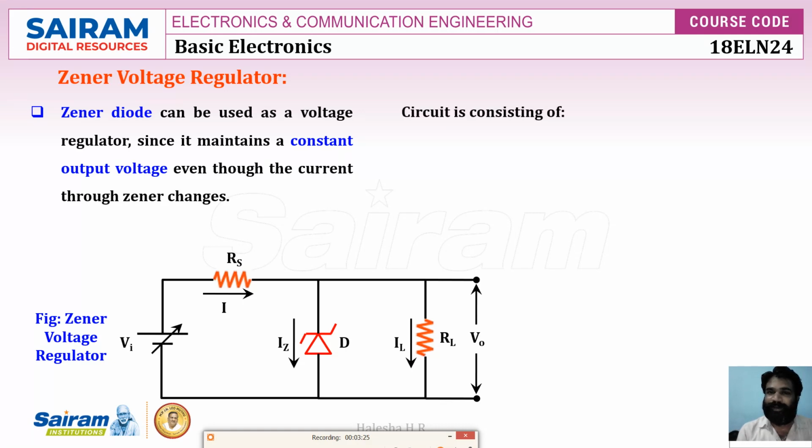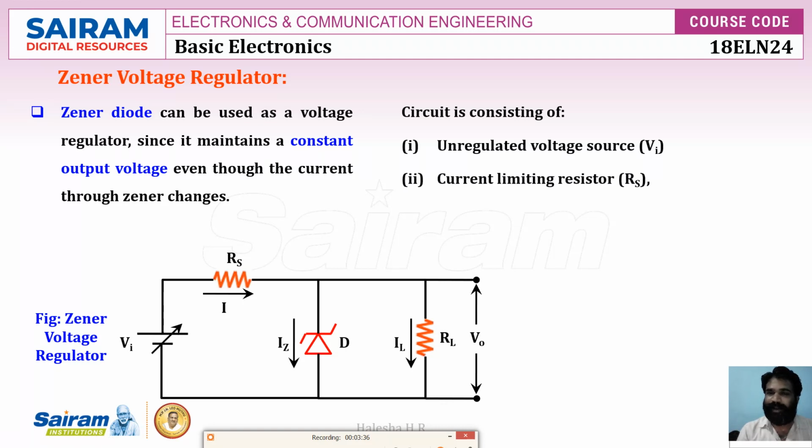So the circuit consists of an unregulated voltage source, that is VA, which is not constant, and the current limiting resistor RS. The third one, the Zener diode, is in parallel with the load resistor RL.